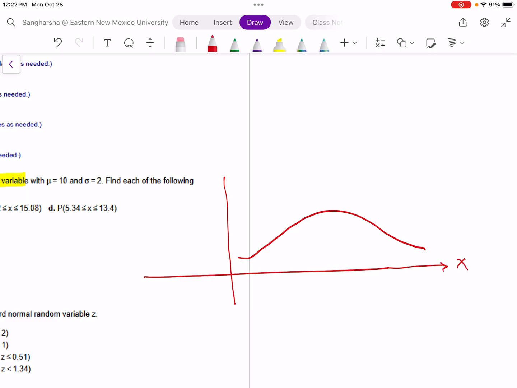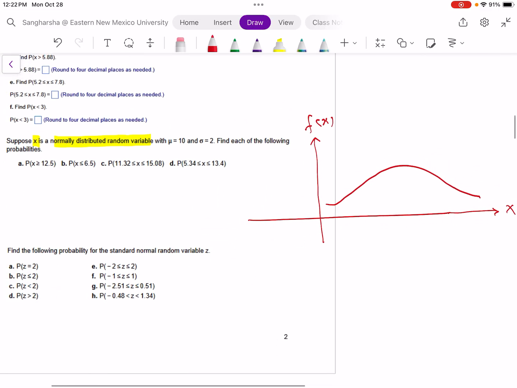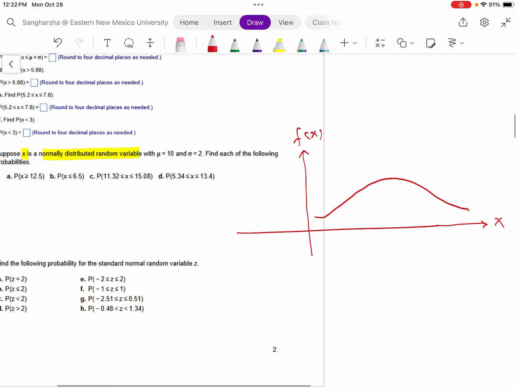So we have x horizontal and function f of x. We have this normally distributed random variable. Mu is given as 10, so mu is at the center. Standard deviation is 2.